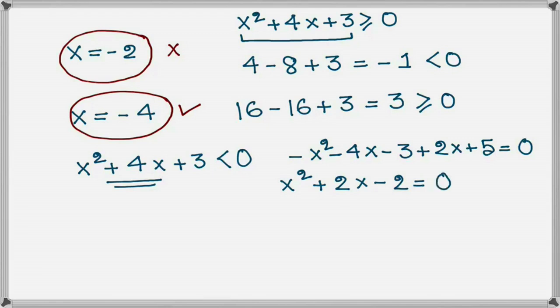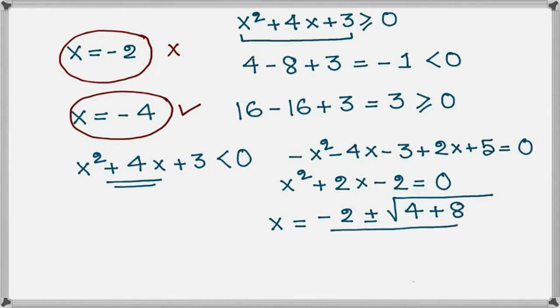So we solve this quadratic equation now, and we obtain that x is equal to minus 2 plus minus square root of 4 plus 8 divided by 2, and this is same as minus 2 plus minus 2 square root of 3 divided by 2.